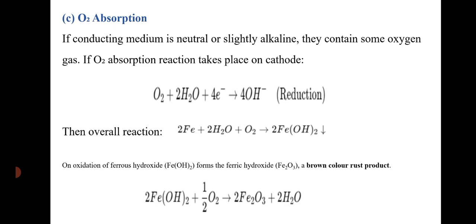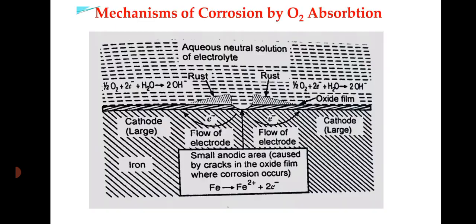This type of corrosion is responsible for the rusting of iron in the atmosphere. So here we conclude that wet corrosion and electrochemical corrosion occur in the presence of aqueous conducting mediums due to cell formation.